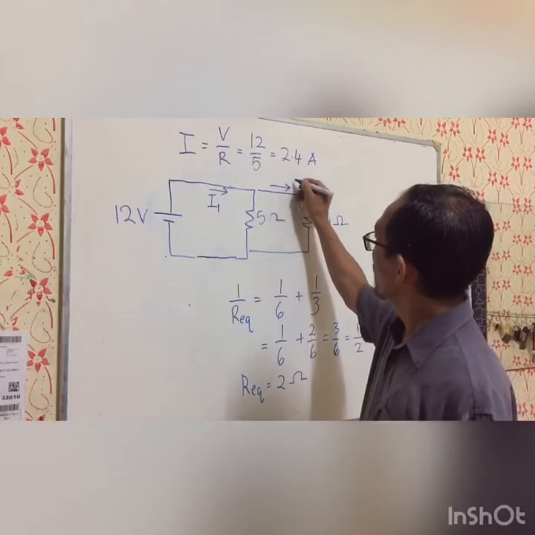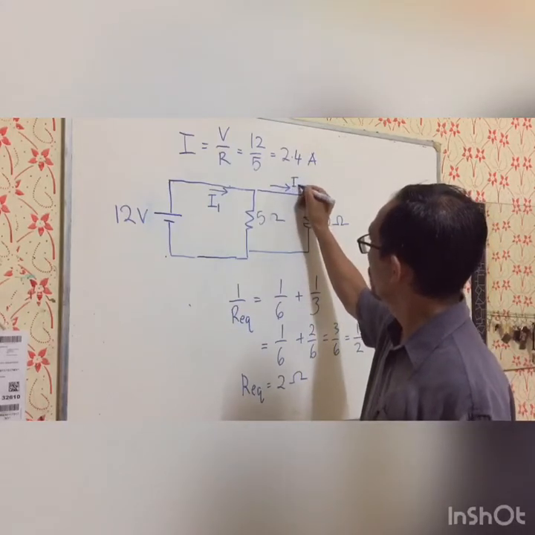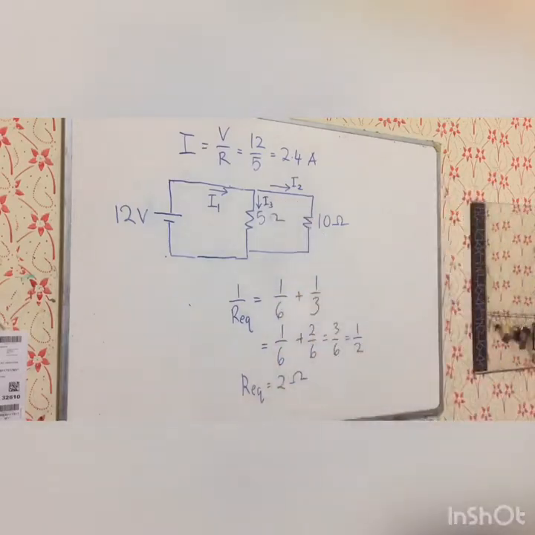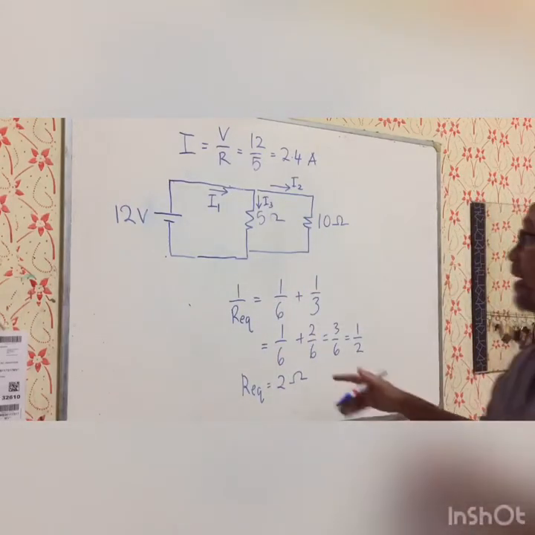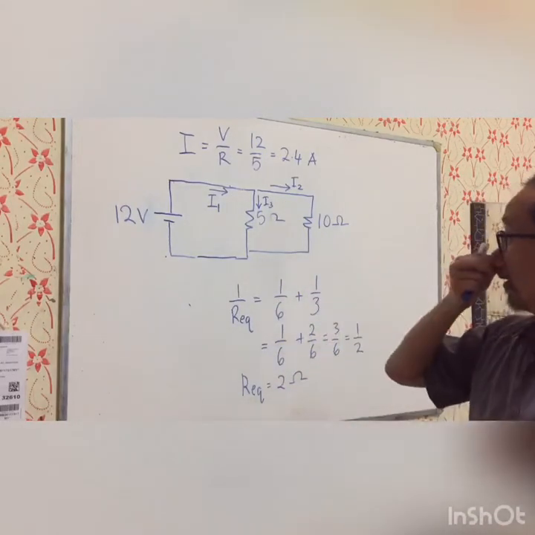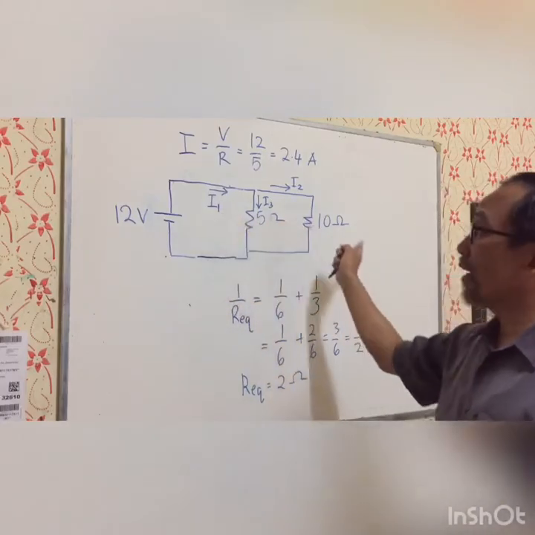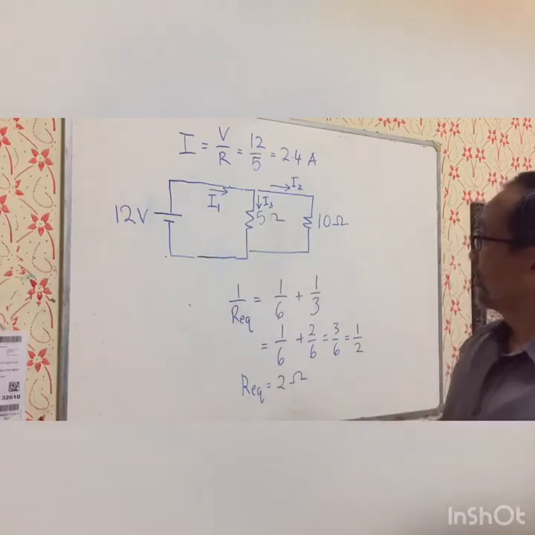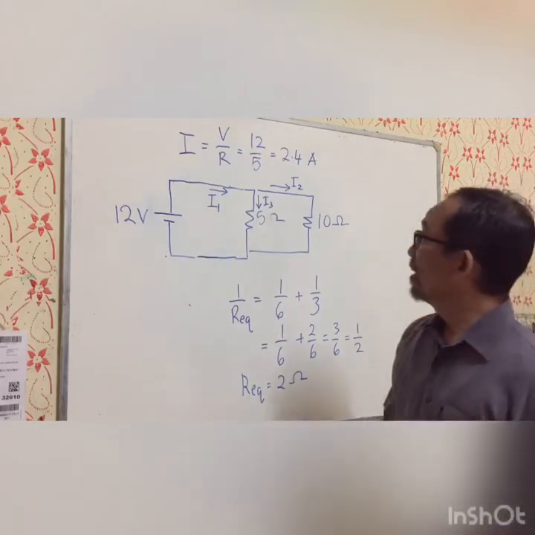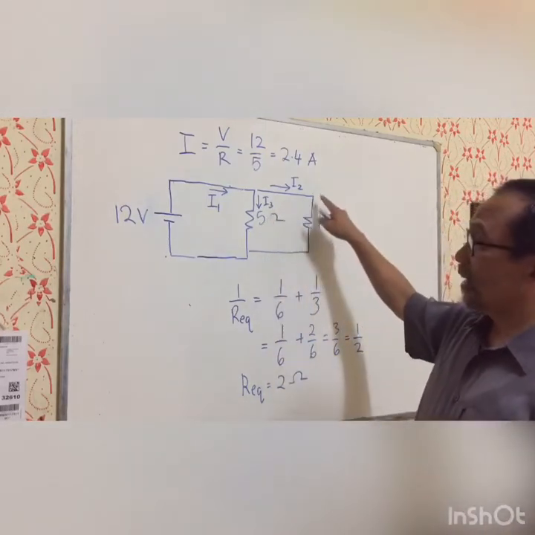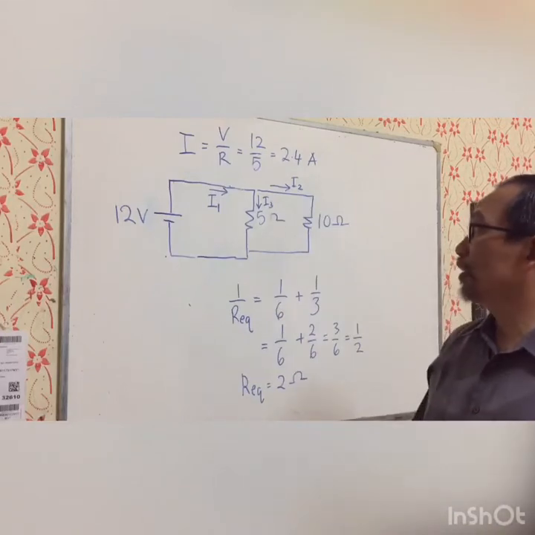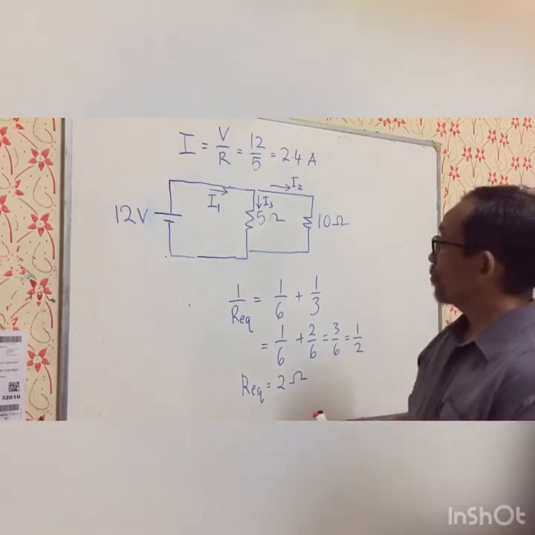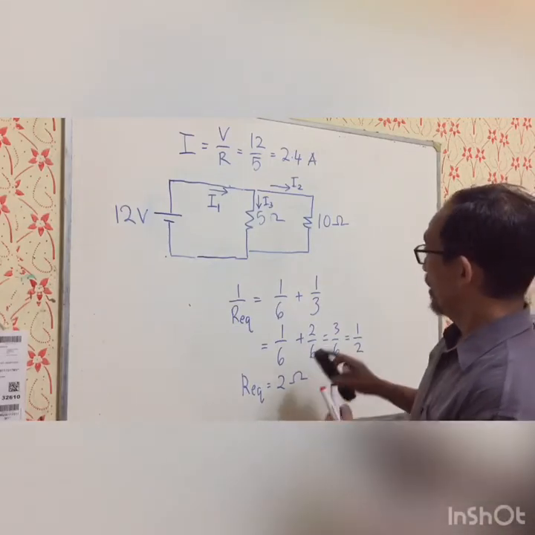What is I2, and what is I3? Okay, we can solve that. We can solve for I1 by combining like we did here. Okay, and then we can find I3 and I2 by using the junction rule and the loop rule. Okay, so let's see how.